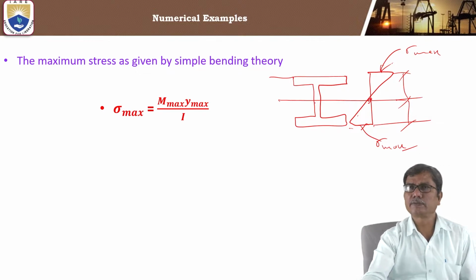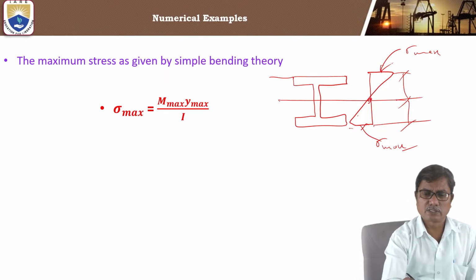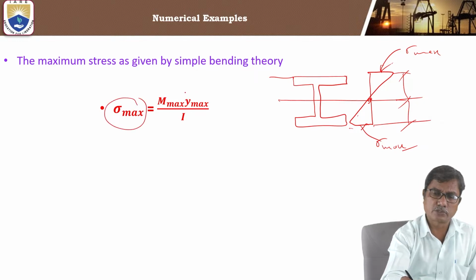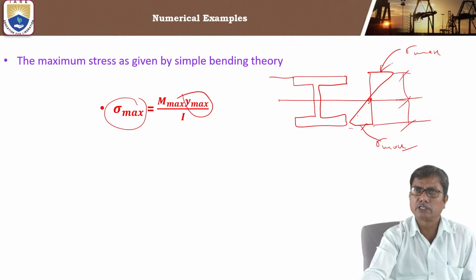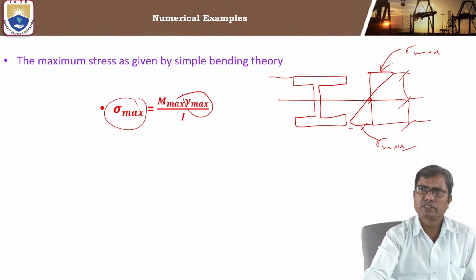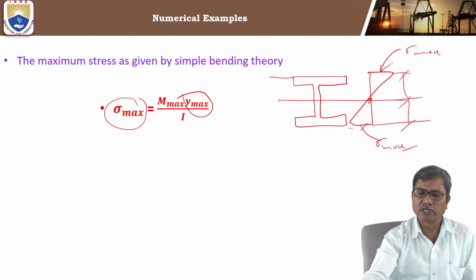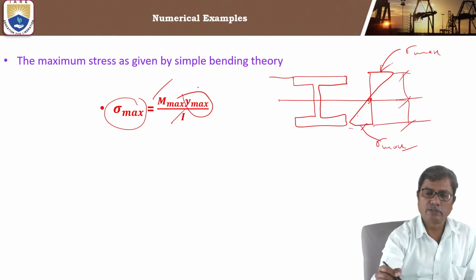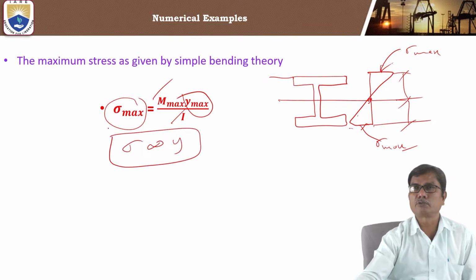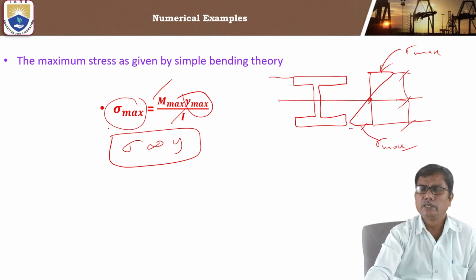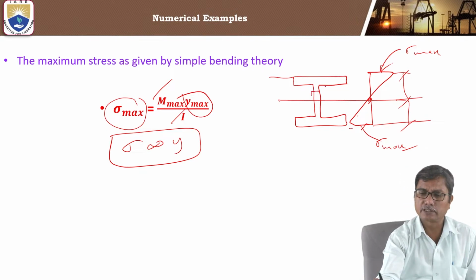These stresses will be equal because of symmetry. As we know, the stress is directly proportional to distance. For the given beam, meaning given cross section and given loading, M and I will be constant, so sigma will be proportional to y. Stress is proportional to the distance of the layer from the neutral axis.